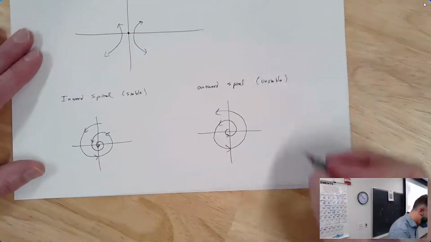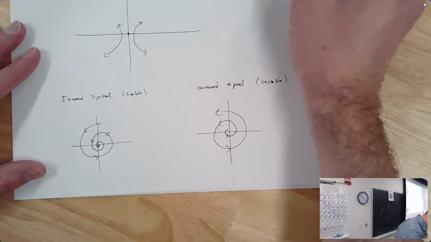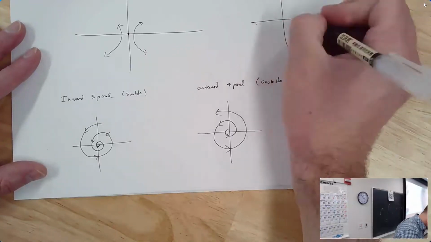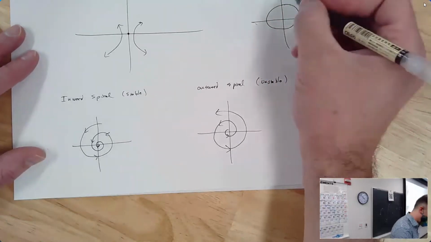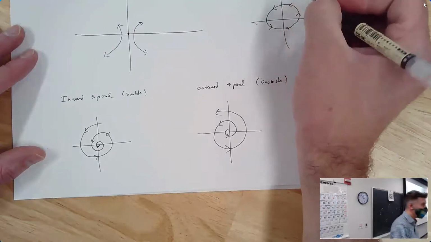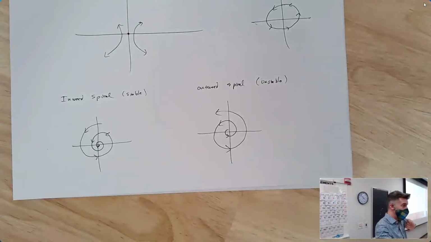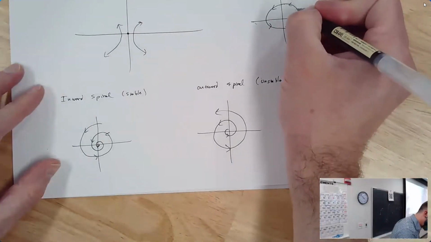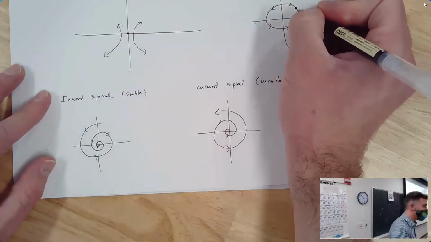And then a neutral spiral is this kind of thing that just looks like a circle, where if it was around the origin, you would literally go back and land at the same spot you started at. So this is a neutral spiral in a particular direction. It's not a point, but whatever initial condition you start at, let's say this is your initial condition here, you're going to exactly spiral back around to that same spot.